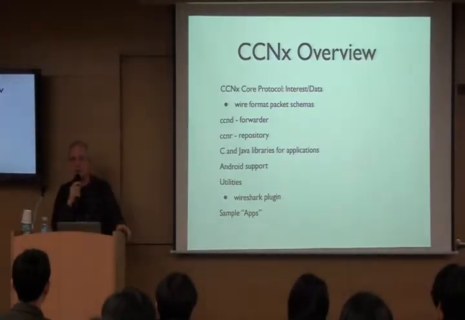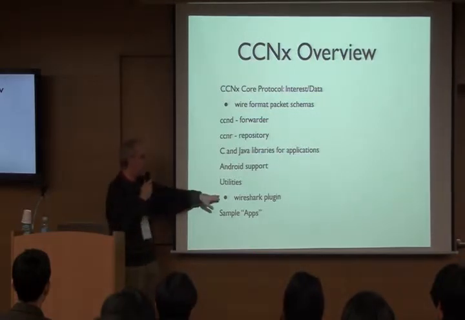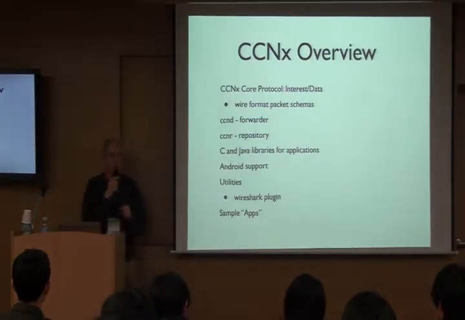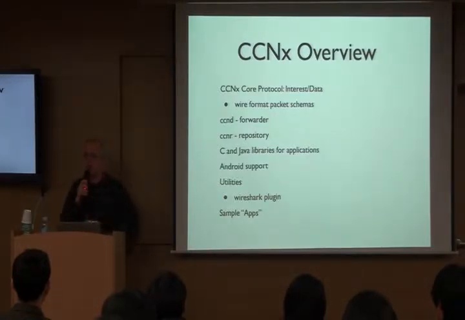They do encapsulations in UDP and TCP. So you can do packet captures, packet traces with Wireshark or TCP dump or something. You can take those packets, load them up in Wireshark, and we have a plugin that provides the dissector that will actually decode those low-level CCNx packets. So we're going to do some looking at packets in Wireshark during this workshop.